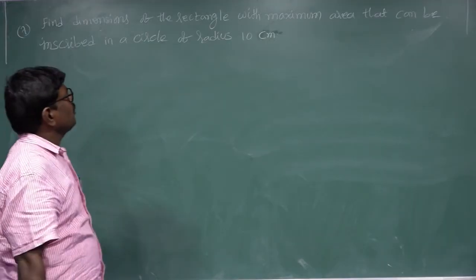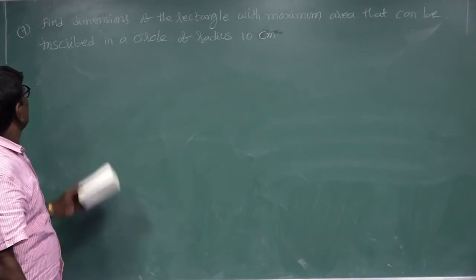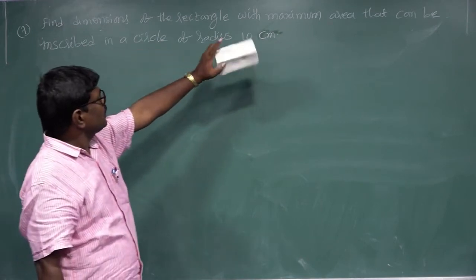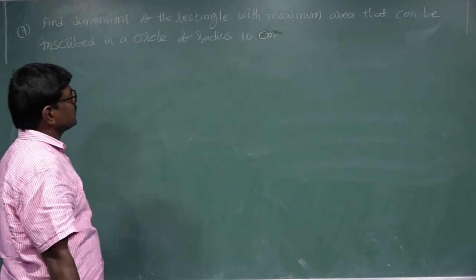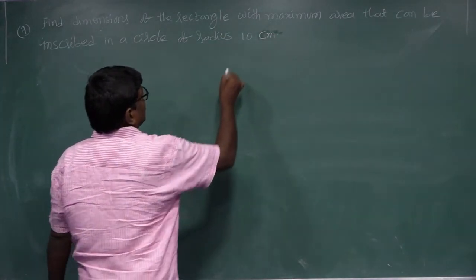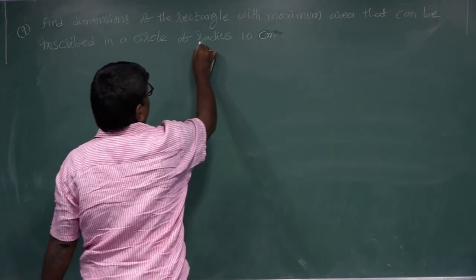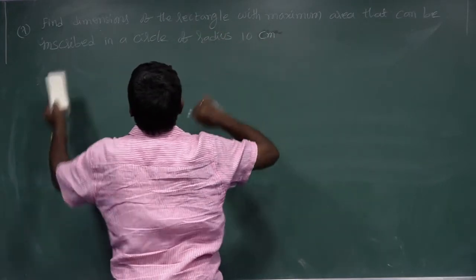Find the dimensions of the rectangle with maximum area that can be inscribed in a circle of radius r. This is a circle. Inscribe the rectangle.